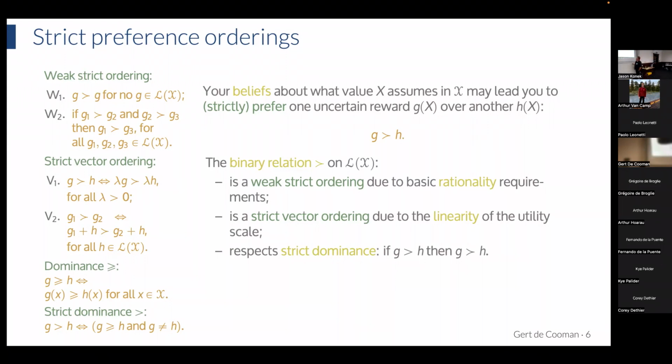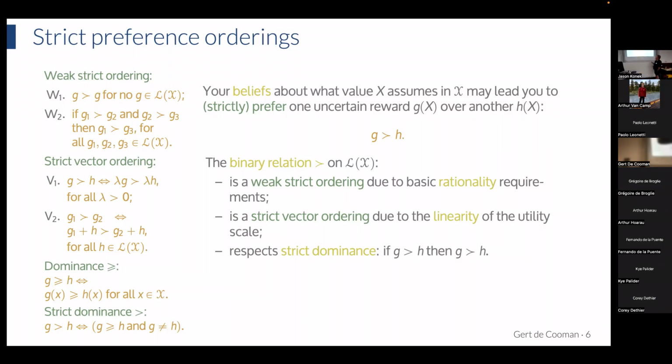So that is the compatibility with addition, and there's also compatibility with scalar multiplication. If I have a positive number, then multiplying both sides with that positive scalar factor does not change the ordering. That is the basic idea of a strict vector ordering.